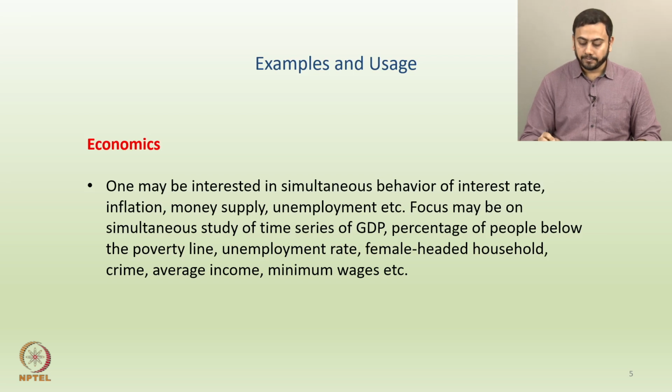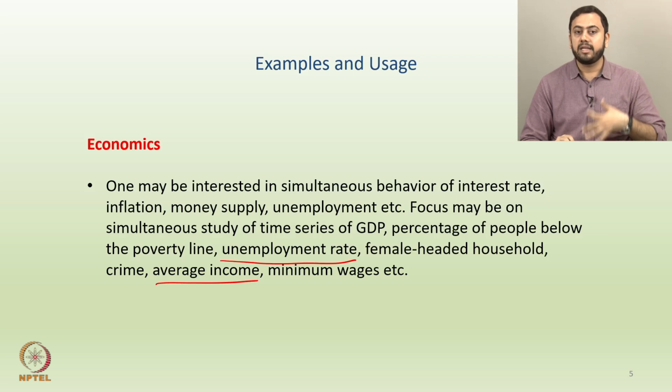So, let us say for example unemployment rate and average income. If you want to put forward a bivariate model comprising both unemployment rate and average income, then for that we require some multivariate time series analysis tools.